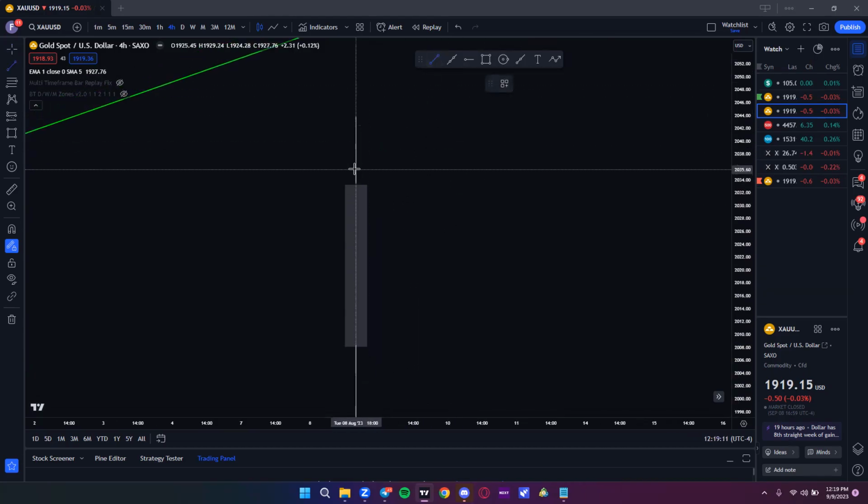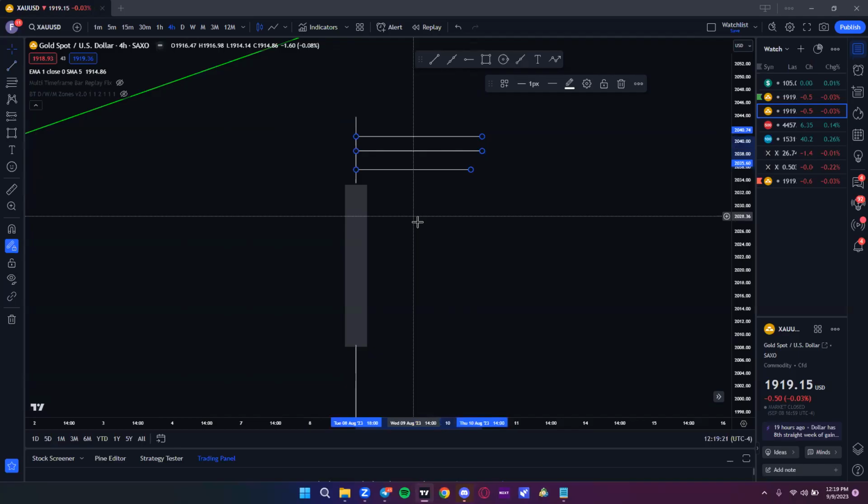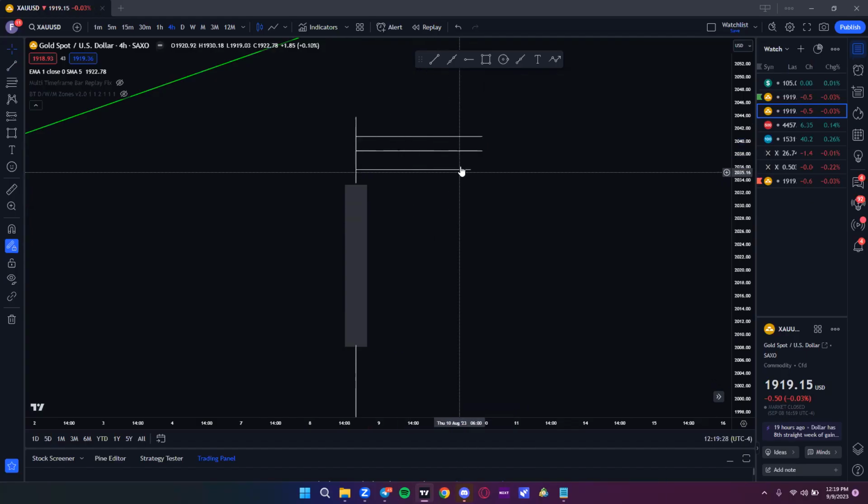In the wick of the daily candle, there's going to be H4, and within the H4, there's going to be H1, and within the H1, there's going to be M30. We're going to go only down to M15. With multi-time frame analysis, because the market is fractal, there's going to be decision levels within here.